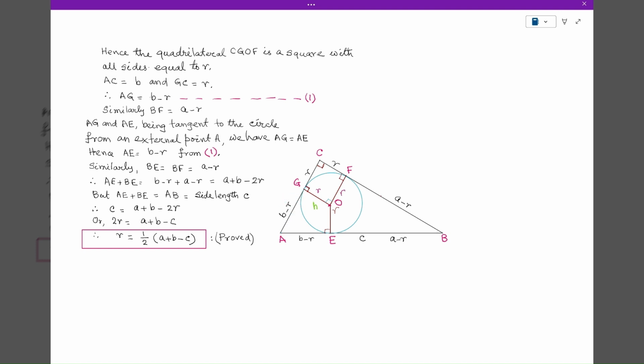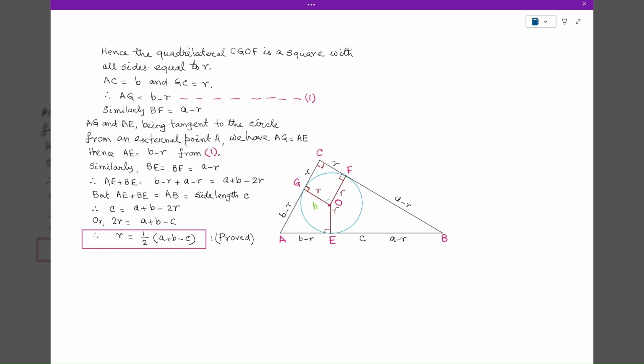Similarly, this side is B and CF is R. Therefore, BF is equal to A minus R. Note that AG and AE are tangent to the circle from an external point A. So, this is a tangent to the circle, this is also a tangent to the circle.